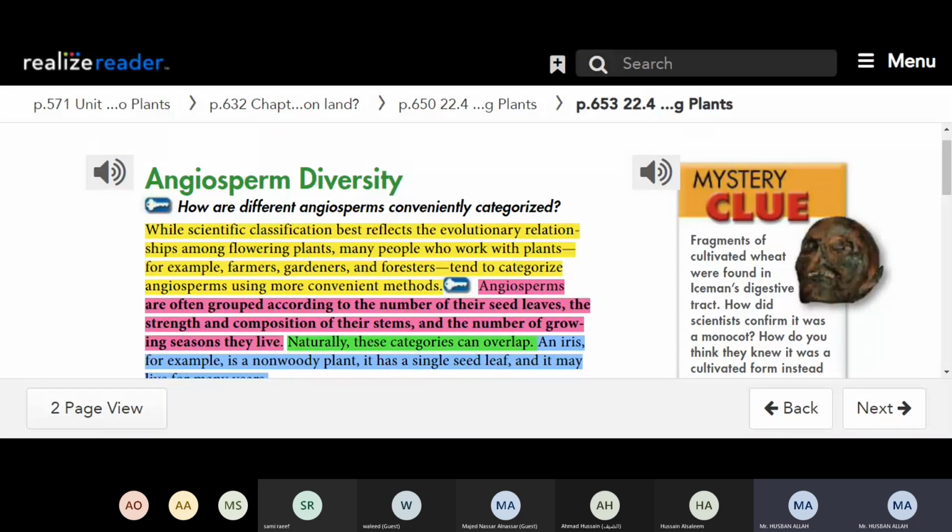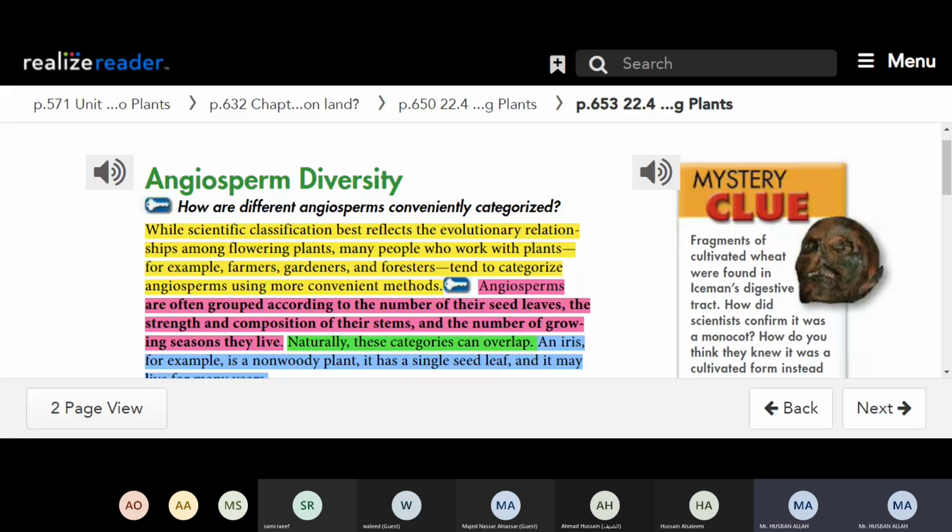So angiosperms which contain a single cotyledon, which means they have a single leaf-like structure in the seed. And dicot means angiosperms whose seed contains dicotyledon, meaning 2 cotyledons, so they have 2 leaf-like structures.